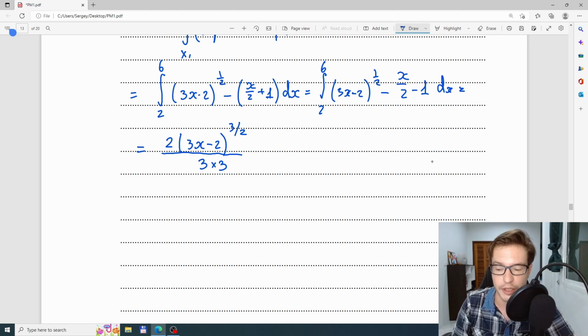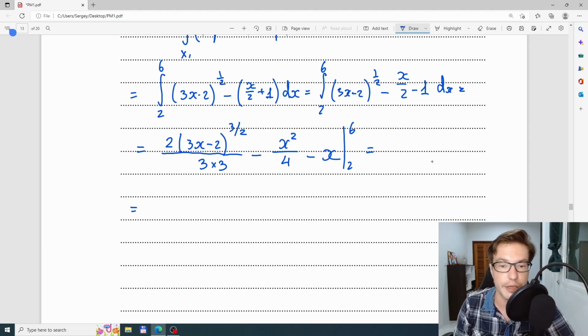Very important not to forget about this. Minus the integral of x over 2 is going to be x squared over 2. Then we had 2 at the bottom. So all in all, we got x squared over 4 minus the integral of 1 is just x. And we will have to substitute the lower limit and the upper limit, which is 2 and 6.